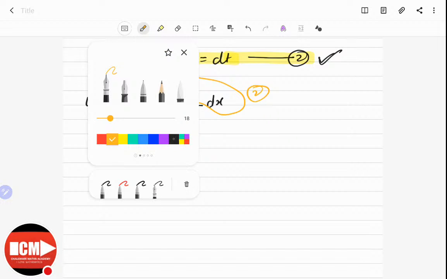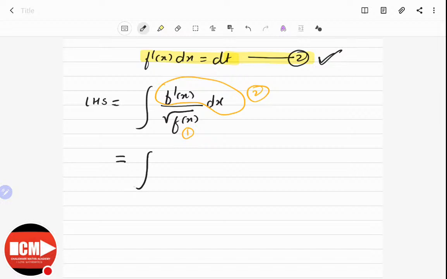So then this is integration of 1 upon root t, and f dash of x dx is dt. Please try to observe this carefully. So is it integration of 1 upon root t dt?